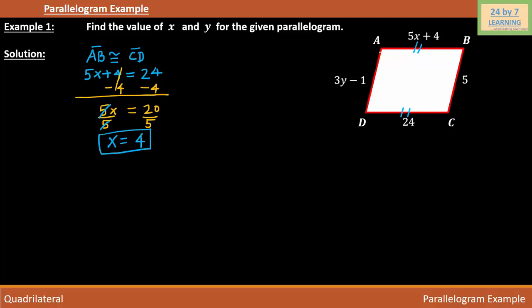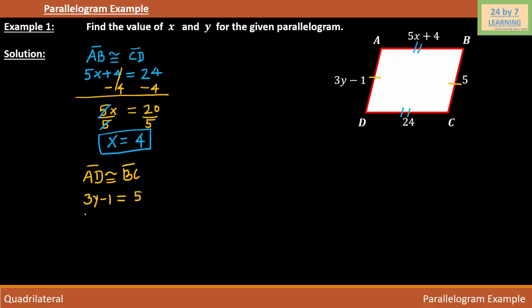Now let's consider sides AD and BC. As we know, this side is congruent to this side. So I'm going to write AD is congruent to side BC. As you can see, AD is 3y minus 1, so I will write 3y minus 1 is equal to 5.